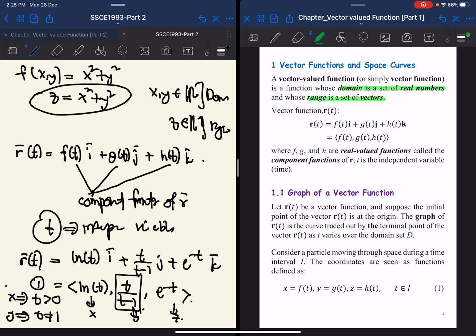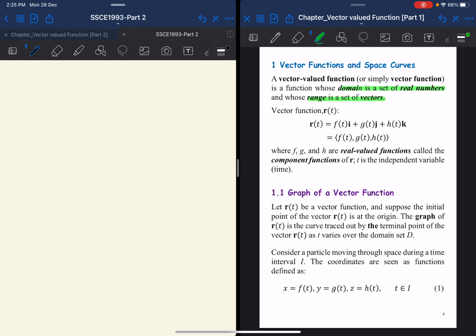Then there is no restriction for z here because it is an exponential function, right? Based on the given vector function, the domain should be between 0 and 1, and from 1 onwards, where 0 and 1 are not included.